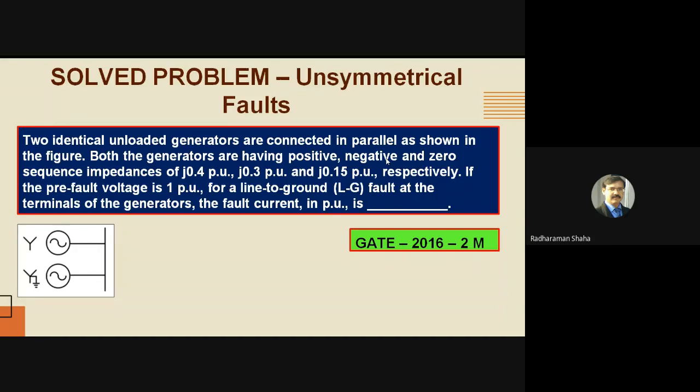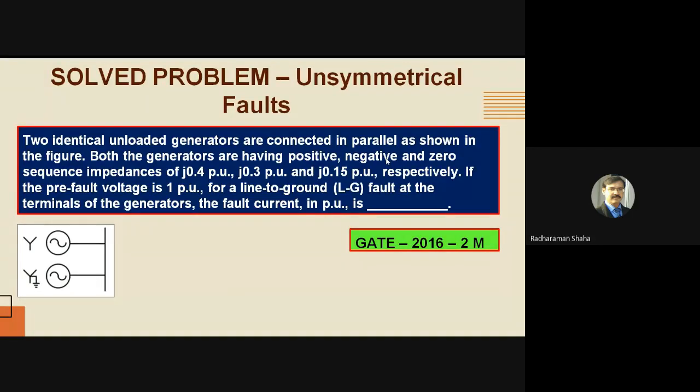How do we calculate Z1, Z2 and Z0? For Z1, we have to draw the positive sequence reactance diagram. For Z2, we have to draw the negative sequence reactance diagram. And for Z0, we have to draw the zero sequence reactance diagram.